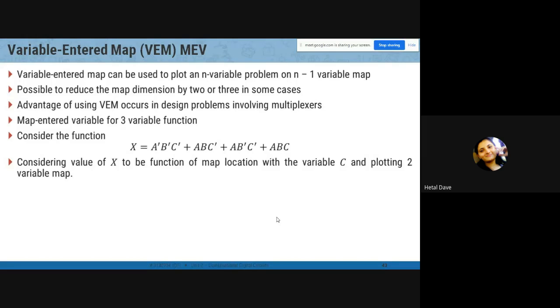That's why this method is called variable entered map. First of all, is the title justified? Map means some kind of rule similar to KMap. We are going to make a map. Okay. But in place of entering 0 and 1, here in this method, we are going to enter the variable itself. That's why the name is variable entered map.